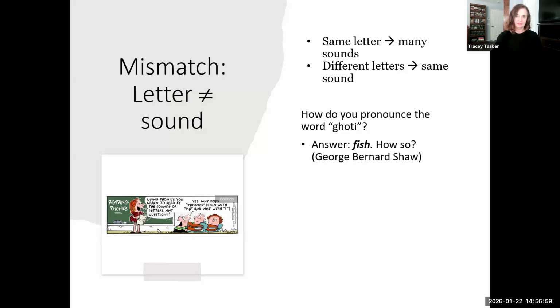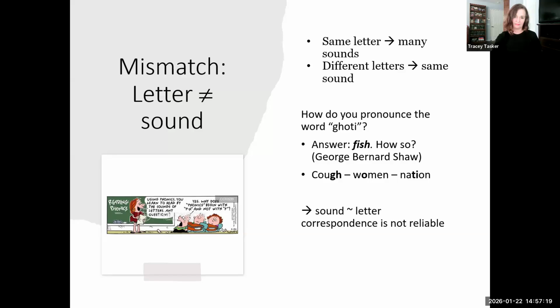But we could actually pronounce it as fish. So as you could see in some words, that GH is actually pronounced differently, right? So in women or nation, okay, it's pronounced with a different sound.